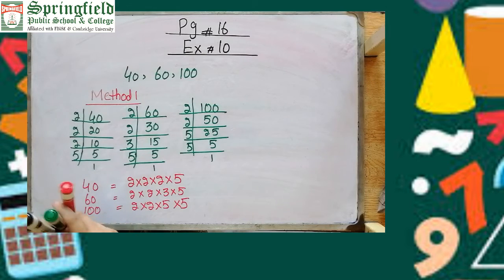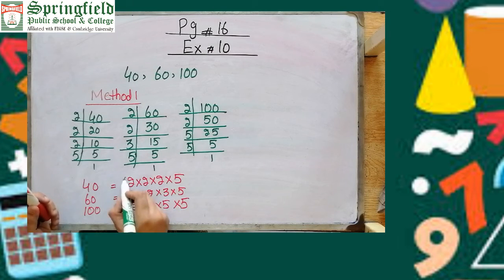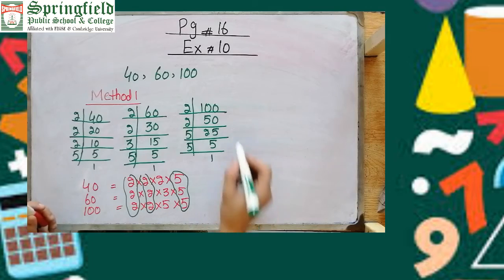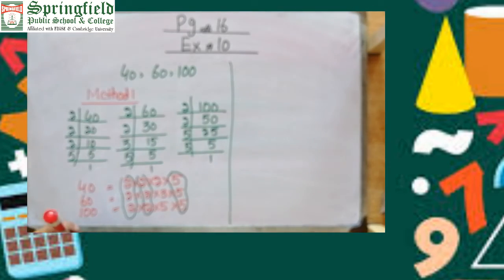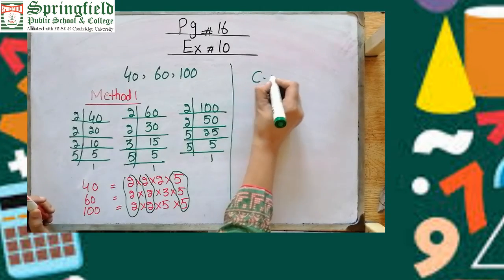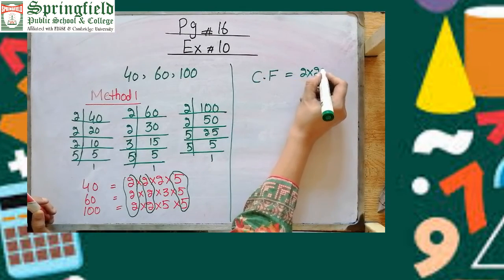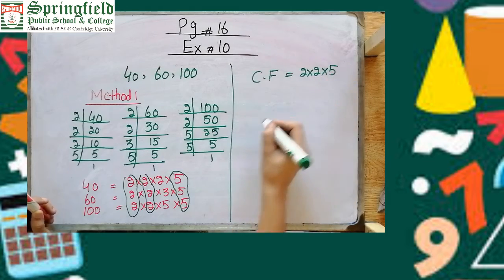Now make the pairs of common factors. 2 is common, again 2 is common, and 5. Now write the common factors: 2, 2 and 5.